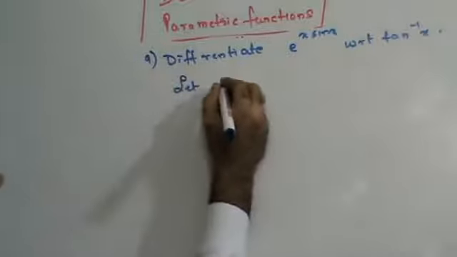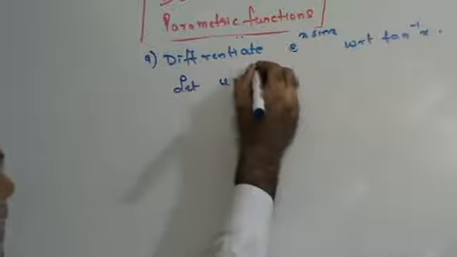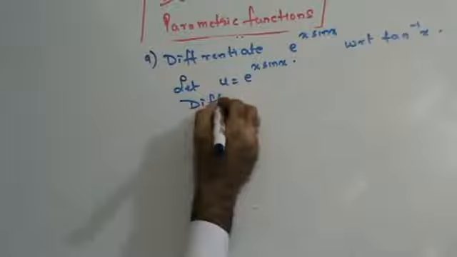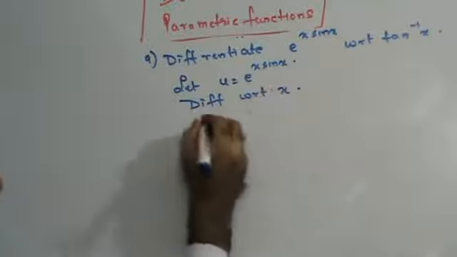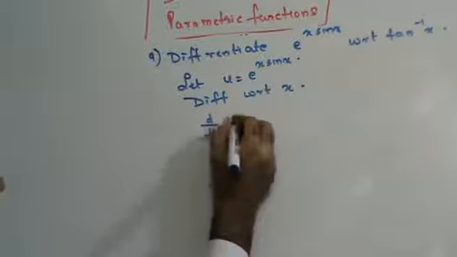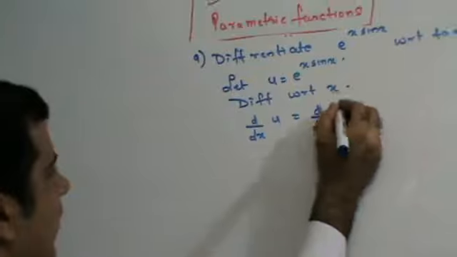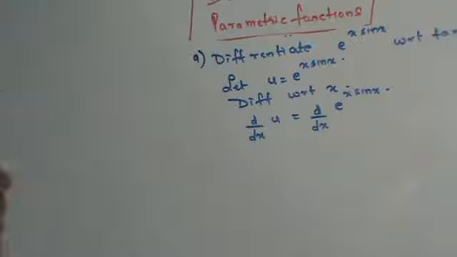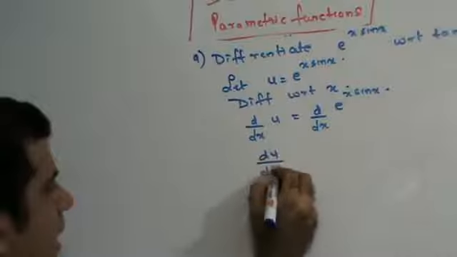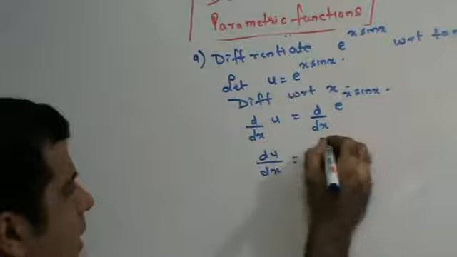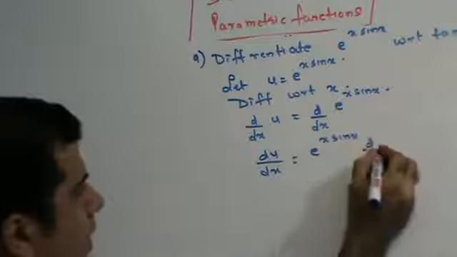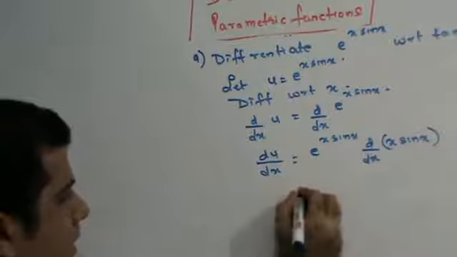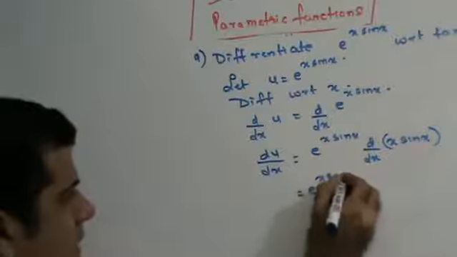First of all, let u be equal to e raised to x sin x. Differentiate with respect to x. So you will get d by dx of u is d by dx of e raised to x sin x. So you will get du by dx, e raised to u is e raised to u, d by dx of u, x sin x. This is e raised to x sin x.